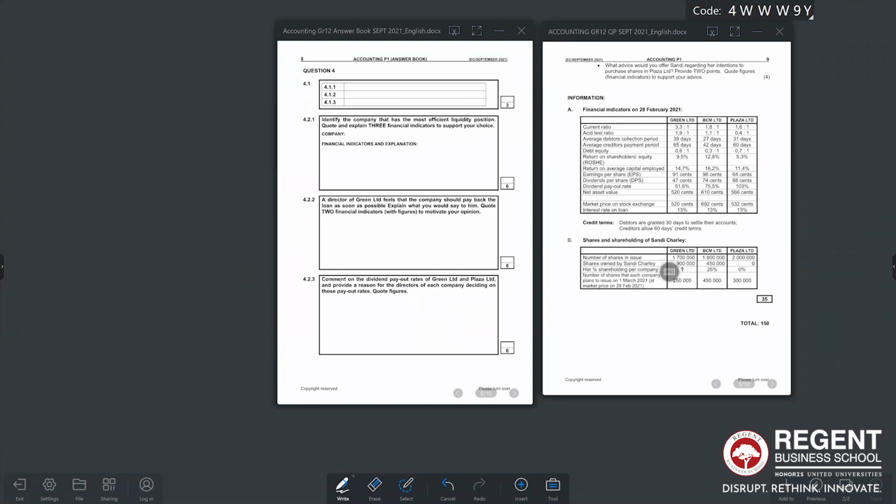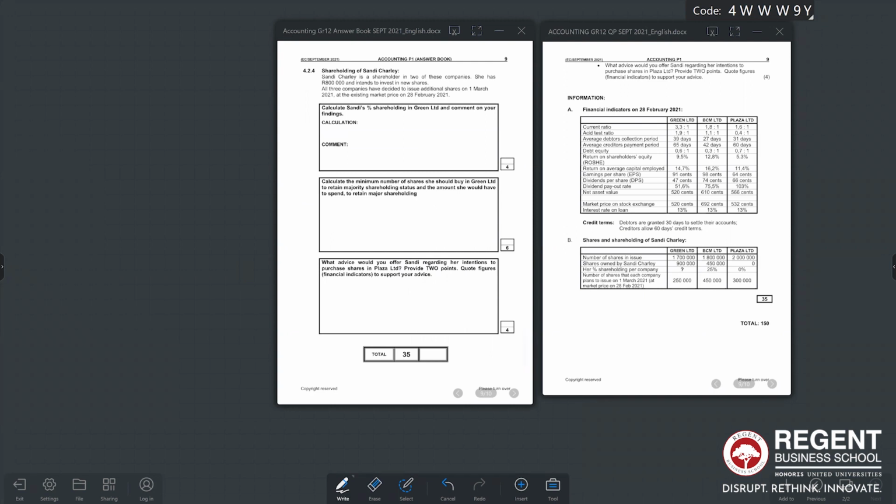Okay, let's look at the next question over there, 4.2.4. That's the shareholding of Sandy Charlie. Sandy Charlie is a shareholder in 2 of 3 companies.